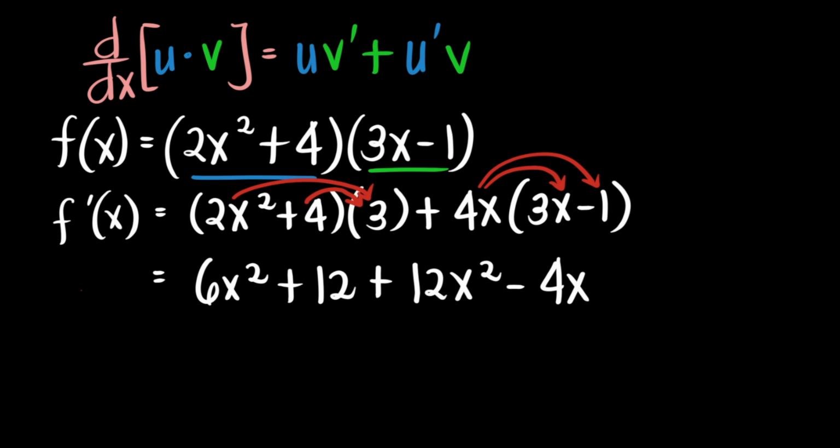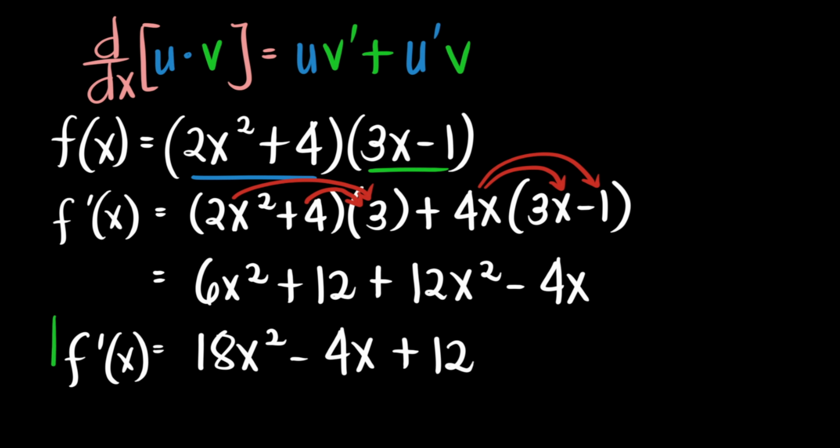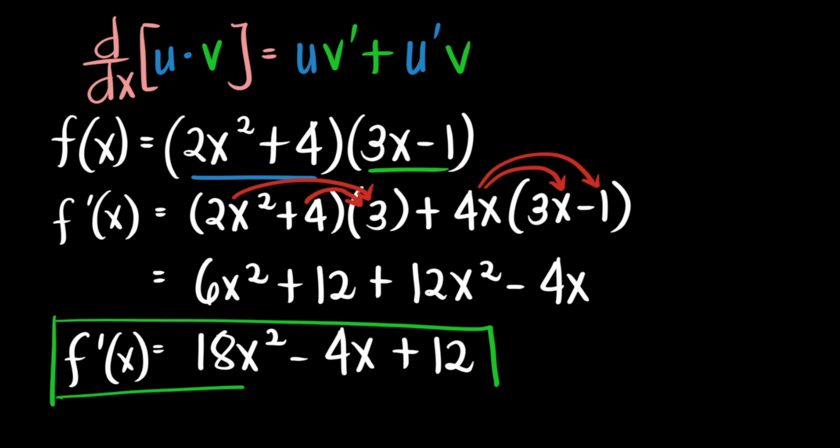Now let's combine like terms. 6x squared plus 12x squared will add up to 18x squared minus 4x plus 12. This is the answer: 18x squared minus 4x plus 12.